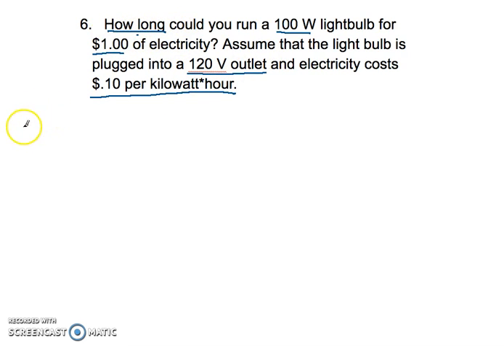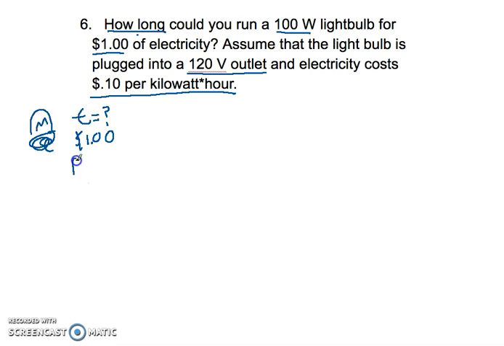So we have a light bulb. We're looking for how long we can run it if we have $1. So we're looking for the time. We know that we have $1.